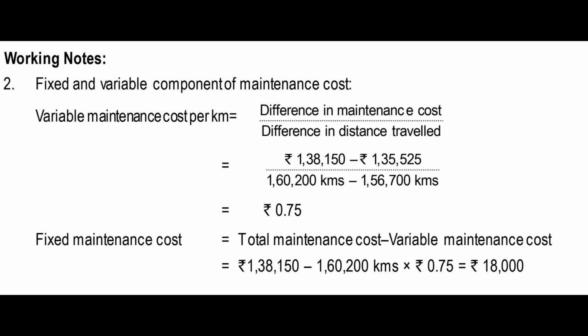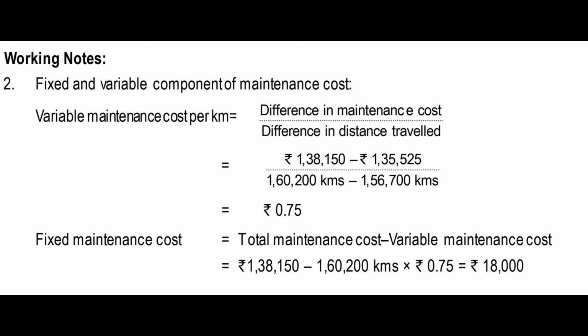Rupees 1,38,150 minus 1,35,525 divided by 1,60,200 kilometers minus 1,56,700 kilometers. The variable maintenance cost per kilometer is 0.75. How? 1,38,150 minus 1,35,525 is rupees 2,625.